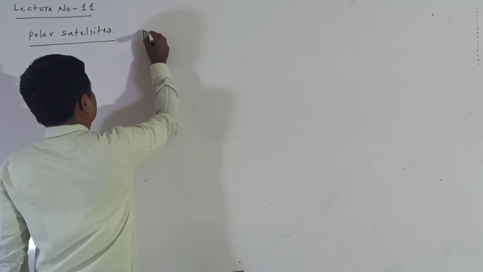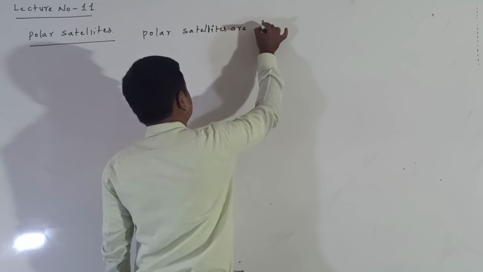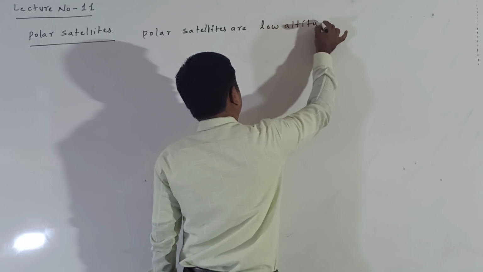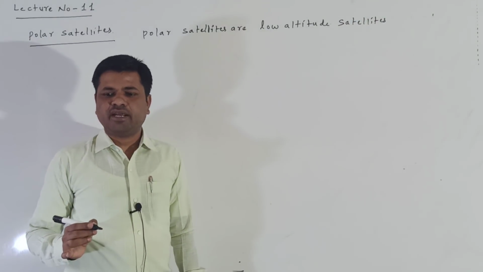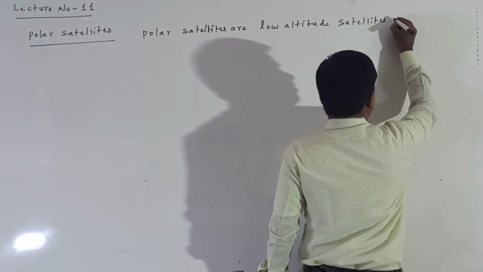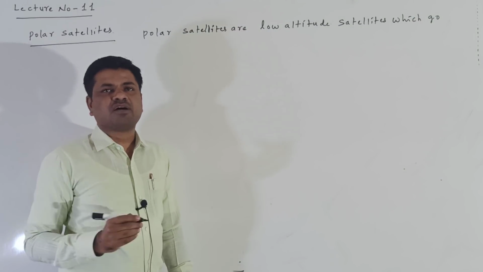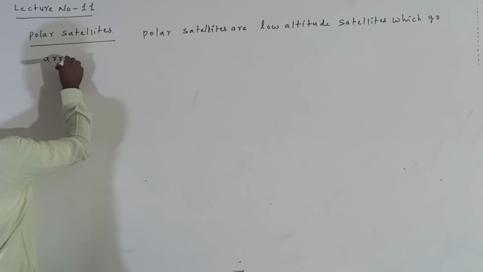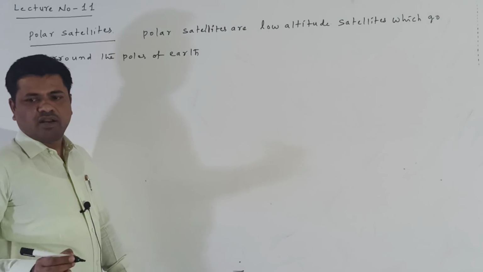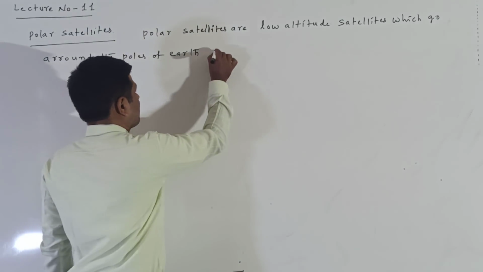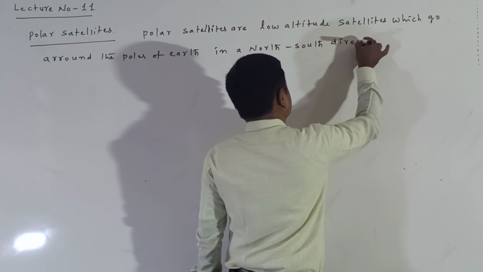Polar satellites are low altitude satellites which go around the poles of Earth in a north and south direction.